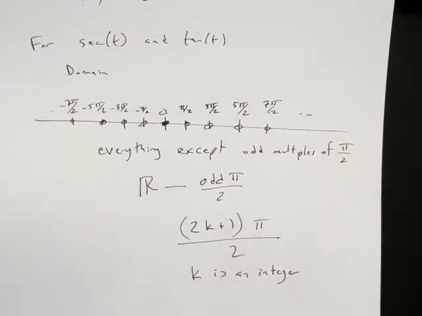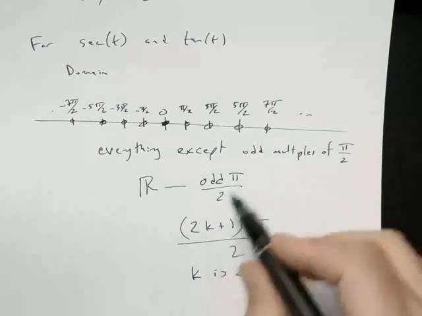And then if k is 0, I get this one. And if k is 5, I get 11 pi over 2, which was one of our throw-out numbers from off the list, right? If k is negative 6, I get negative 11 pi over 2. So this is another way of writing odd pi over 2.